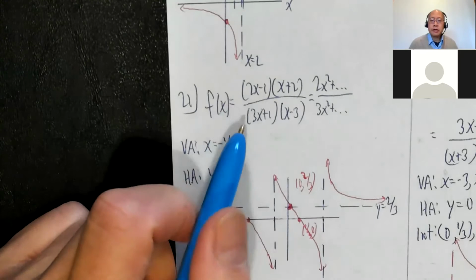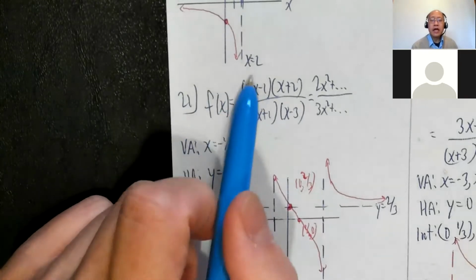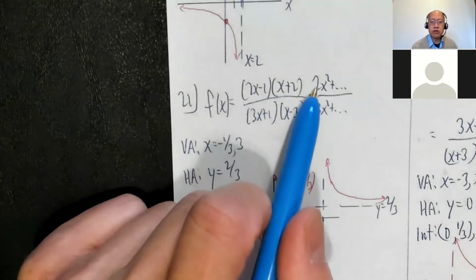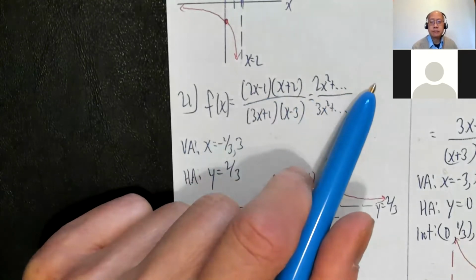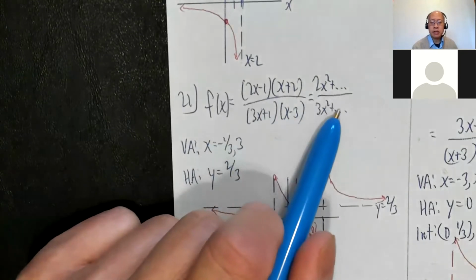All right, first thing to notice in terms of finding asymptotes. If I were to multiply this all out, I get 2x squared plus blah, blah, blah. If I multiply all this out, I get 3x squared plus blah, blah, blah.